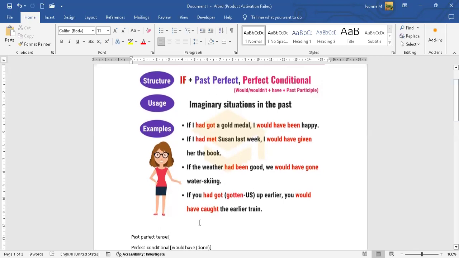Remember that we use have. Have is the auxiliary for perfect tenses in English. Here we're using the past perfect, that is, have in the past. So the auxiliary of the past perfect is had.